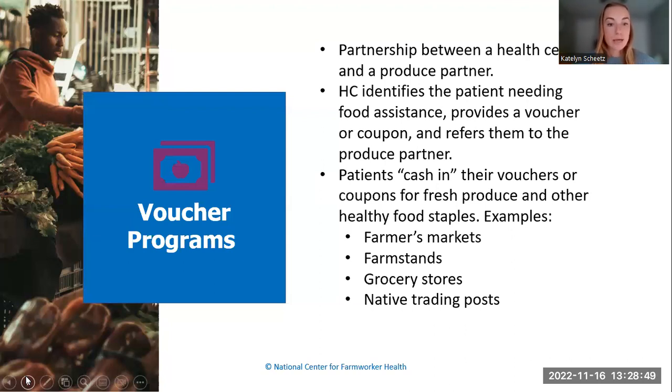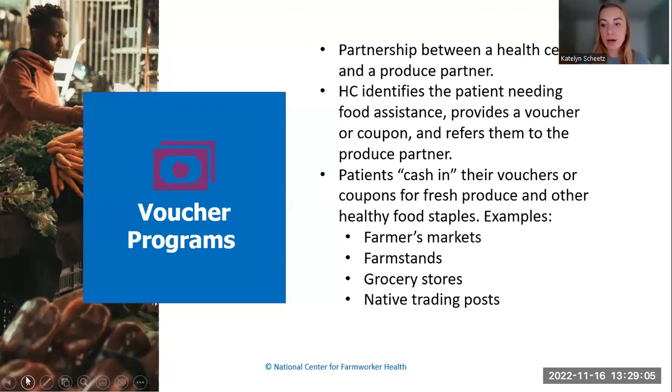So again, patients would receive basically a voucher, and they'd be able to cash that in at a farmer's market or grocery store, or any of these locations for produce or healthy food staples.